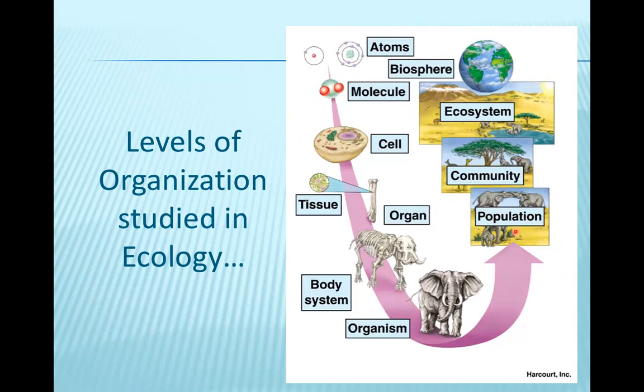So you have to remember that in population, what we are talking about is the same species living in the same area. Okay, but you have to remember that in an area or in a community, there are different kinds of species.